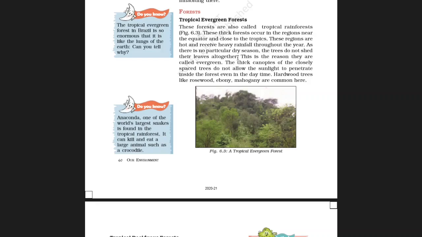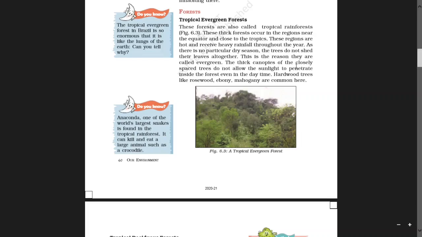But in this tropical evergreen forest, the leaves do not fall altogether in any part of the year. This is the reason they are called evergreen.